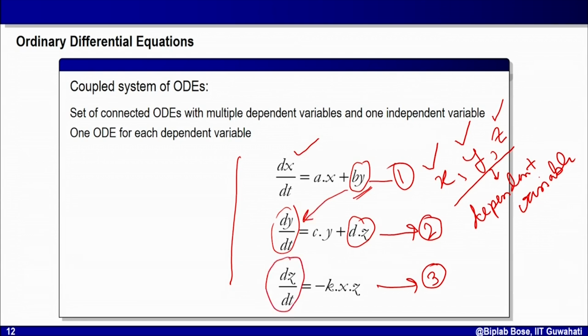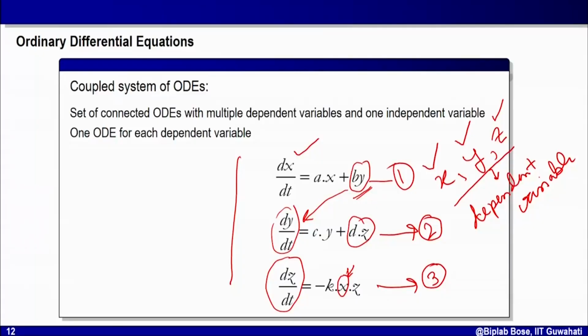Whereas dz dt also has x, that means I have to know about x to know dz dt. So x, y and z are changing with time and their values depend upon each other. This type of system or set of ODEs is called a coupled system of ODEs. In most of the biological problems that we will deal with, we will have coupled systems of ODEs.